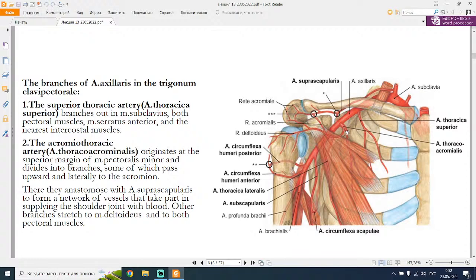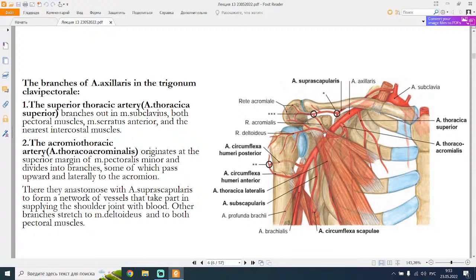Second artery, arteria thoracoacromialis. It originates at the superior margin of musculus pectoralis minor and divides into branches, some of which pass upward and laterally to the acromion.